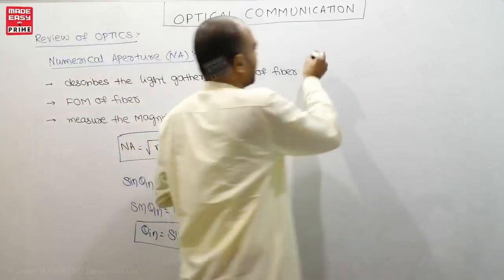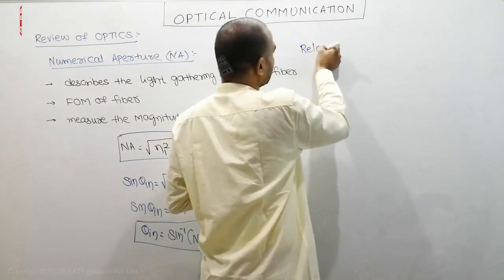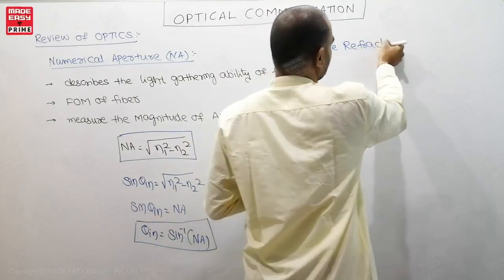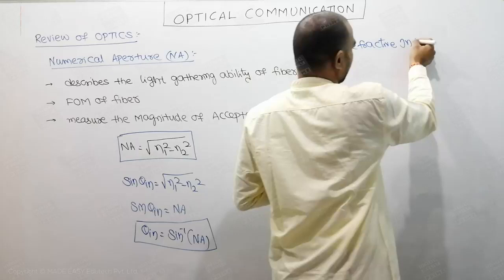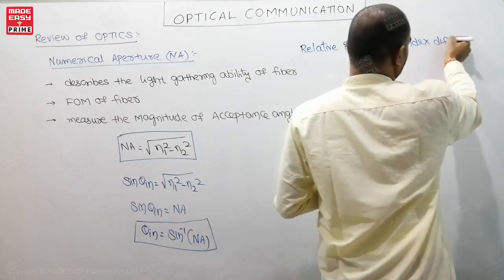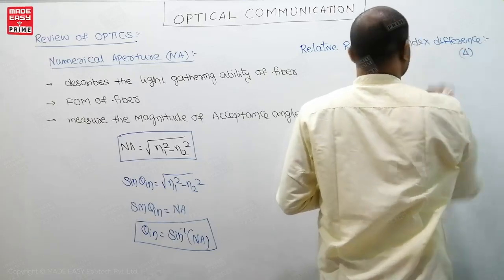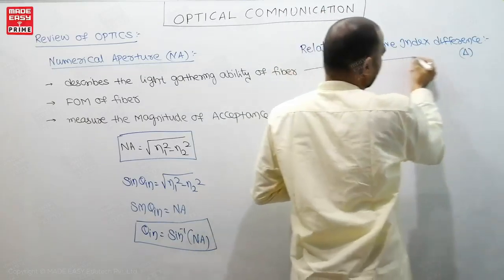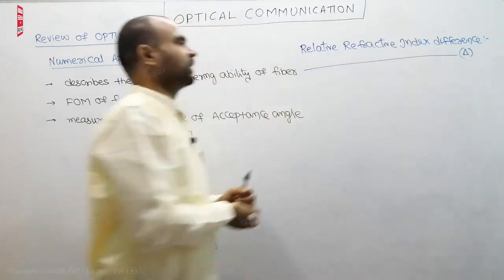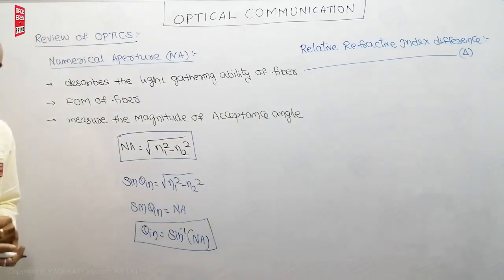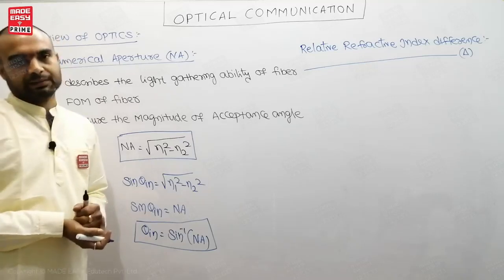So next one is relative refractive index difference. The relative refractive index difference is denoted by delta. This will tell how much difference is present between your core and cladding refractive index.